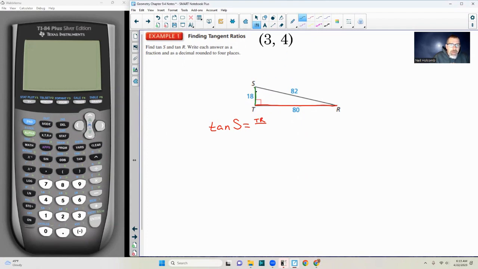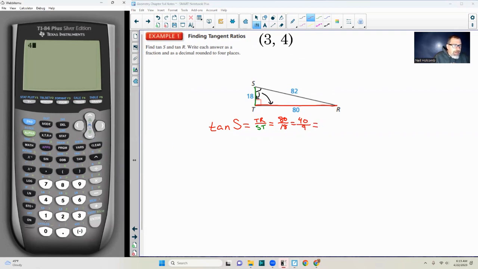So this is what I call my reference angle. This side is opposite and this is adjacent and it's not the hypotenuse. So TR over ST.